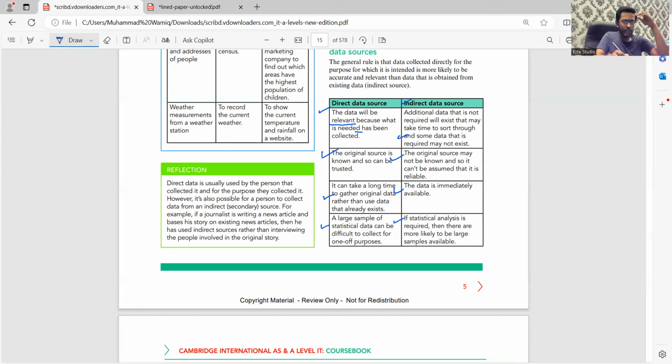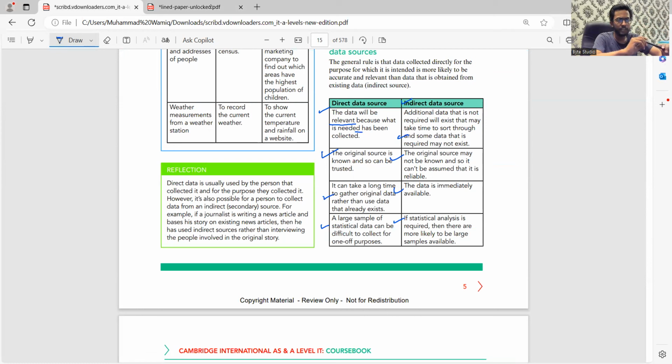If a statistical analysis is required, basically statistical analysis is when you have a large group of data and you are breaking it down so that you can prepare models such as pie chart, bar chart, histogram, and things like that.